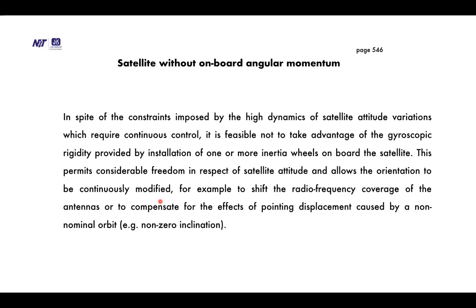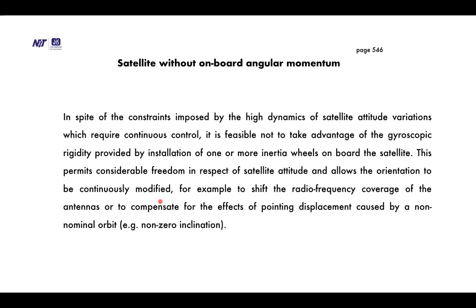Now, satellite without onboard angular momentum. In spite of the constraint imposed by high dynamics of satellite attitude variation which requires continuous control, it is feasible not to take advantage of the gyroscopic rigidity provided by installation of one or more inertia wheels on board the satellite.